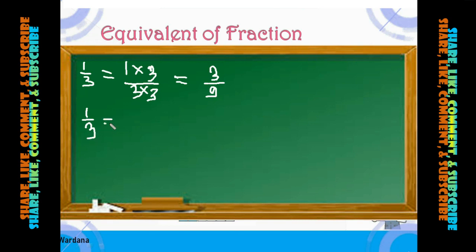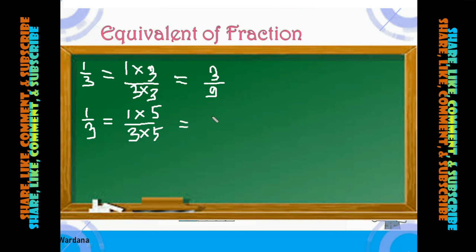If you want to choose the other number, for example, 5, that's fine also. Multiply both the numerator and denominator by 5. So, it will be 1 times 5 and 3 times 5.